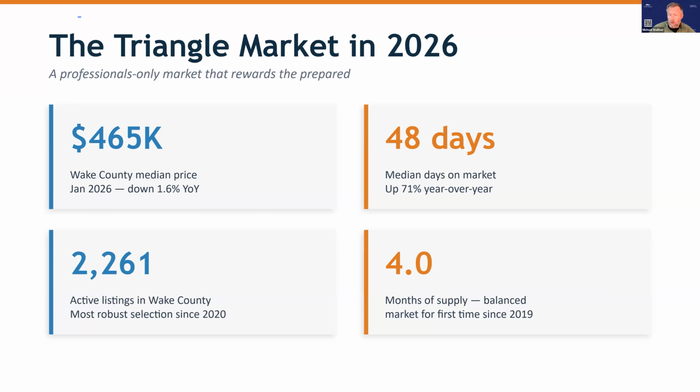It's the lowest it's been in 23 months. Inventory is up 26% year over year, which is the most robust selection since 2020. Median days on market is up to 48 days now. That's up 71% from last year, with some submarkets reaching as high as 82 days. And we're just now hitting 4 months of supply, which is very much balanced territory.